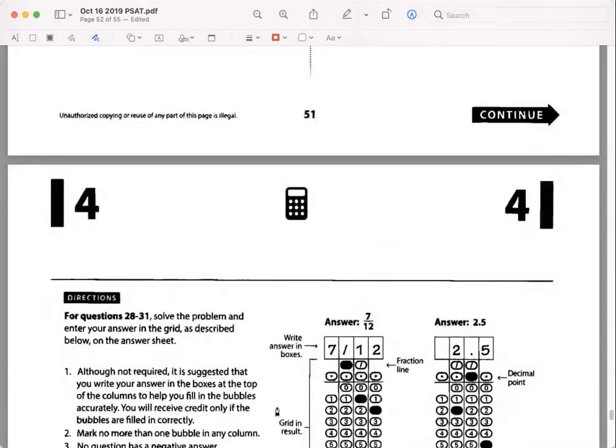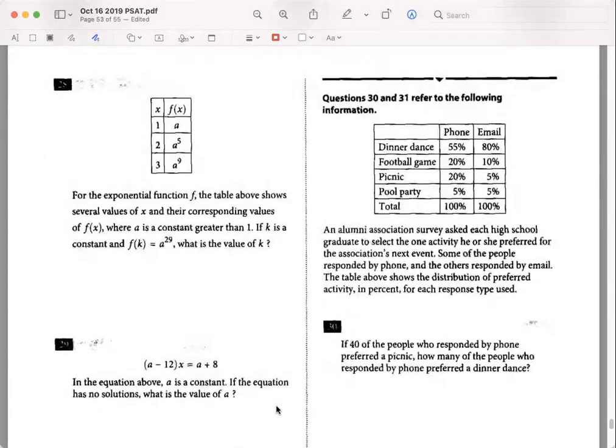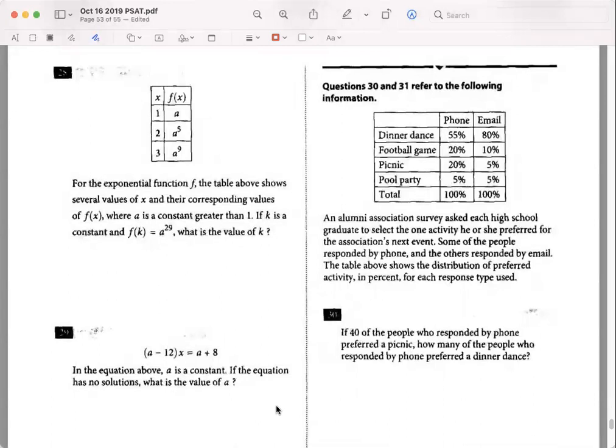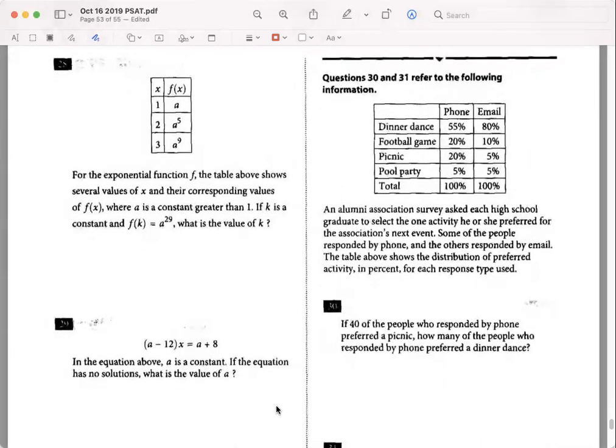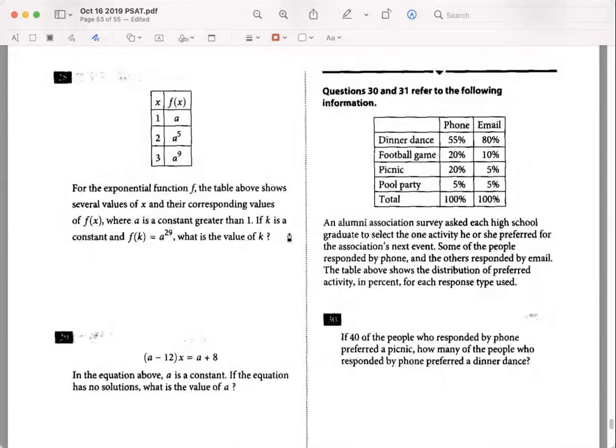Okay, right. Now we have the gradient problems. For the exponential function f, the table above shows several values of x and their corresponding values of f(x), where a is a constant greater than 1. If k is a constant and f(k) is a to the power 29, what is the value of k? Okay, so let's get the exponential function. The exponential function can be written as c times d to the power x, right?